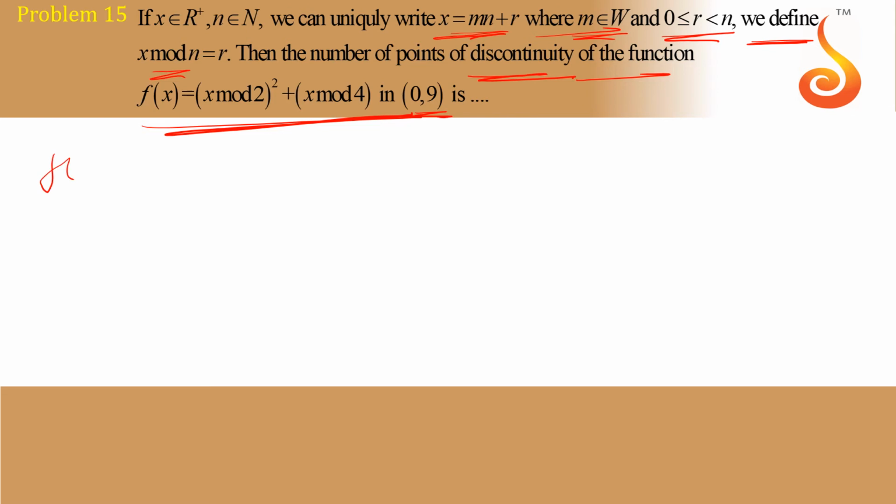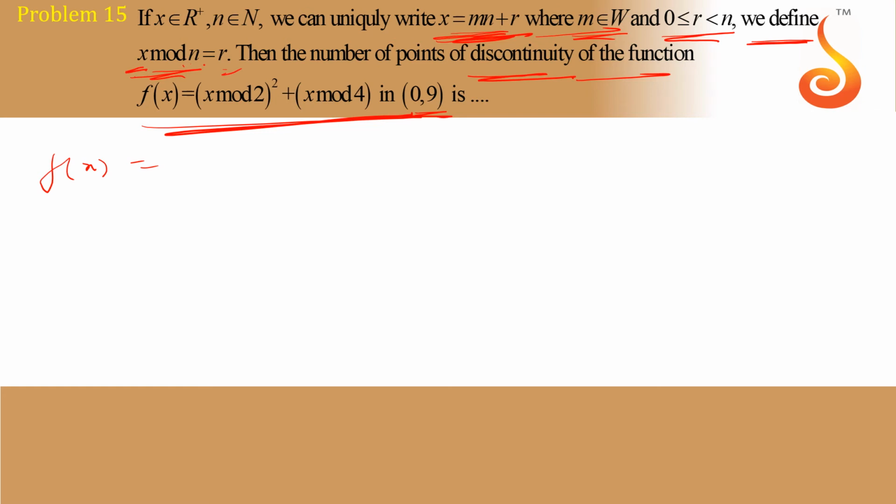Now observe carefully. If you understand the modulo definition, when there is n, x is equal to mn plus r, means this x you are able to write as n into some whole number m plus remainder. So this r is the remainder.